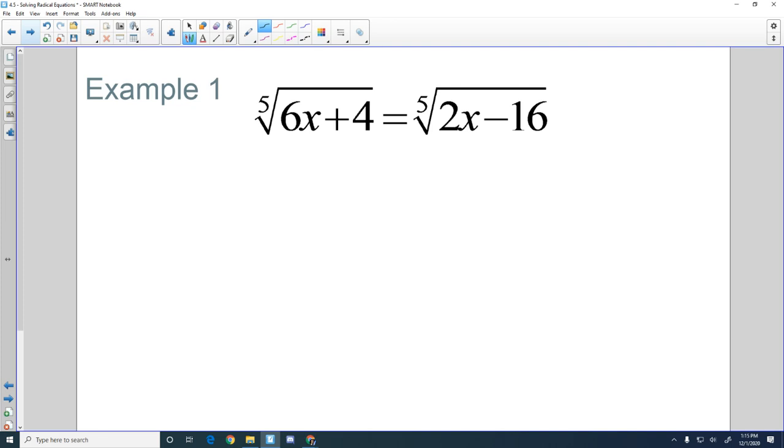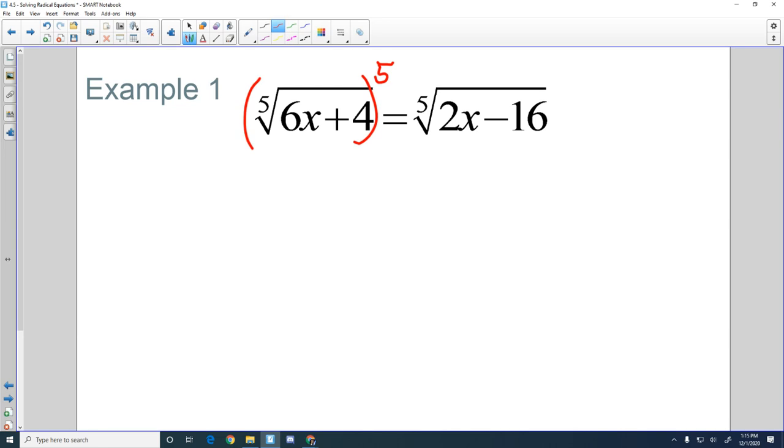All right, it looks like most students have got an answer for x. Let's go ahead and check those steps just to make sure that we're good. First off, you check out the index of these roots. On the left side, I see there's a 5 there. It's a fifth root. The opposite of a fifth root would simply be raising it to the fifth power. So I'm going to raise this entire thing to the fifth so that it cancels out.